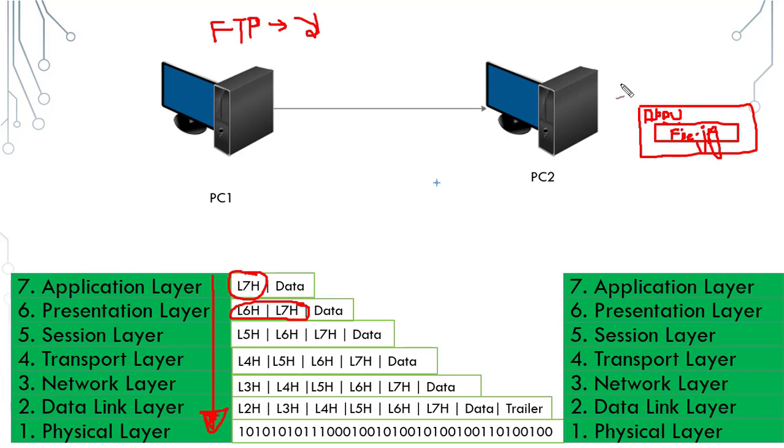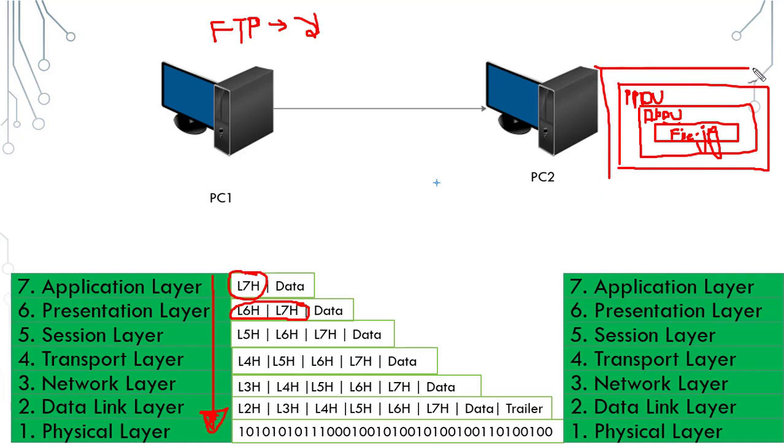When it goes down, the presentation layer is going to put the APDU inside another box and call it PPDU. Then the session layer would do the same thing and call it SPDU. Then the transport layer is going to segment the whole data and call each data unit a segment.